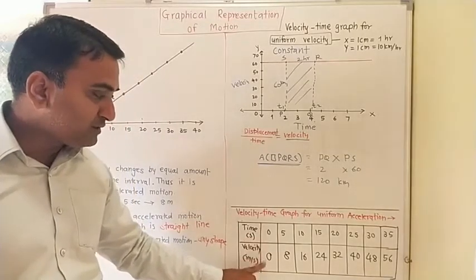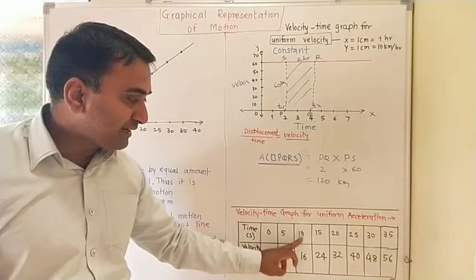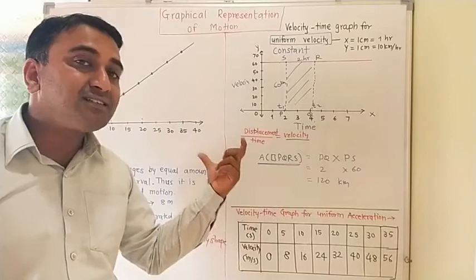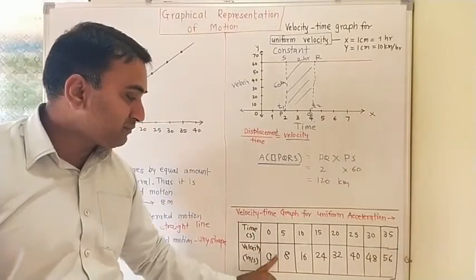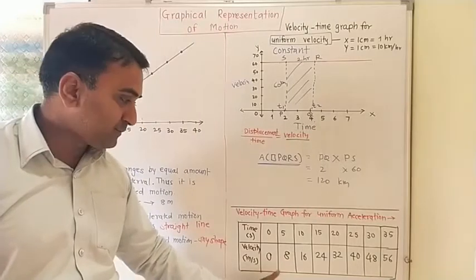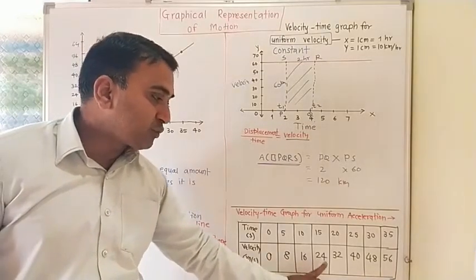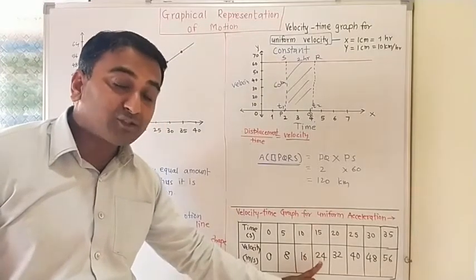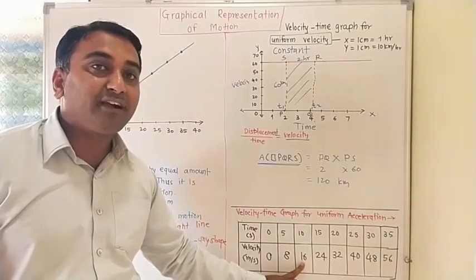For equal time intervals, 0 to 5, 5 to 10, 10 to 15, 5 seconds is the time interval. 0 to 8, that is 8 minus 0, 8. 8 to 16, again 8. 16 to 24, again 8. Acceleration is final velocity minus initial velocity divided by time.